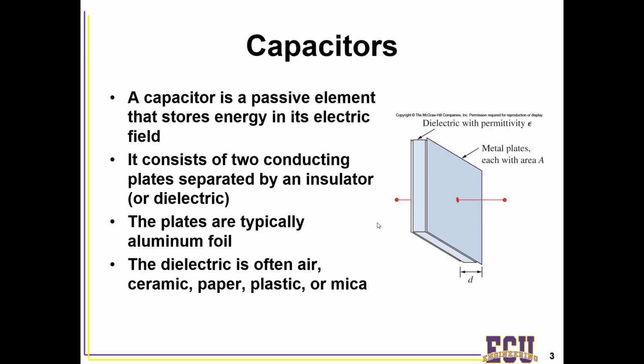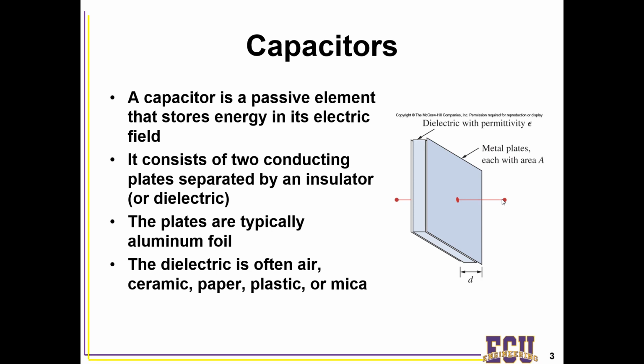So here is a model of a capacitor. Generally, you can think about a capacitor as being a passive element constructed from two parallel plates. They may be parallel plates just straight across from each other like this. Inside of some capacitors, it may be parallel plates that are wrapped around and stuffed inside of a cylinder.